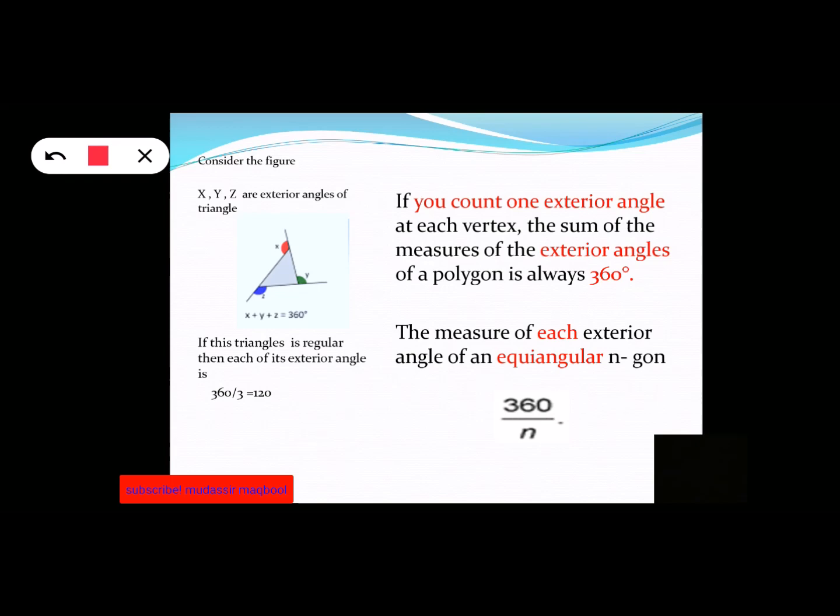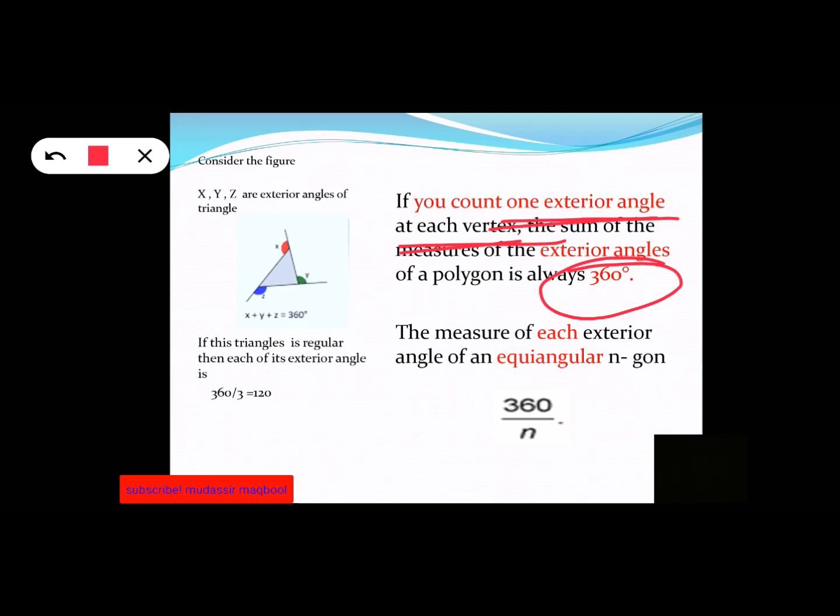Now, if you count one exterior angle at each vertex of a polygon, then the sum of the measure of exterior angles will be always equal to 360. Doesn't matter how many sides are there in a polygon, the sum of all the exterior angles will be equal to 360, provided if you are considering only one exterior angle at one vertex.